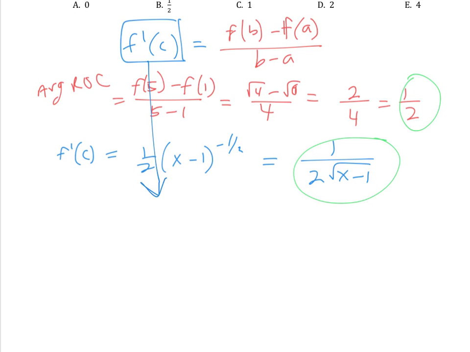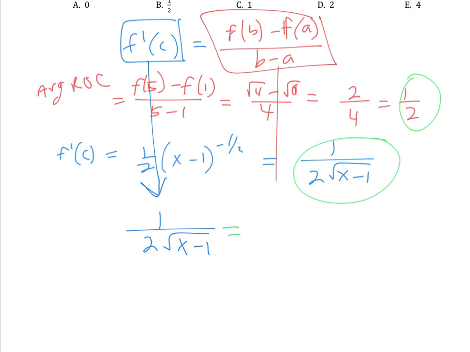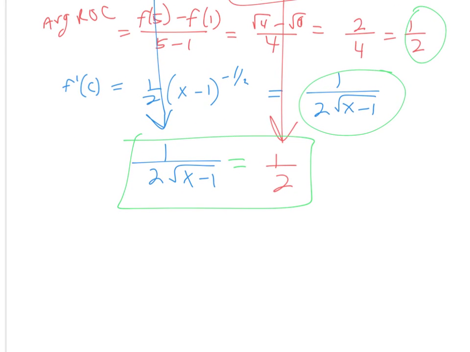So my derivative 1 over 2 radical x minus 1 is equal to the right-hand side, my average rate of change, which came out to be 1/2. So this is an equation representing your mean value theorem that I've written in general form up here. Now specifics to this problem. And now I'm just going to solve this.